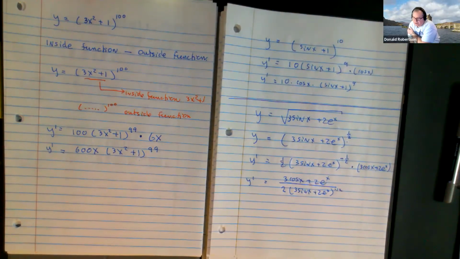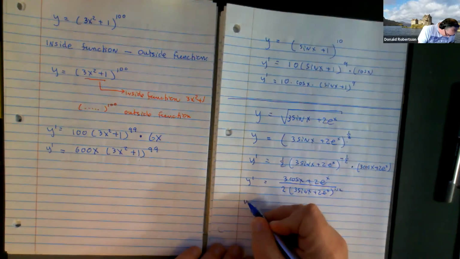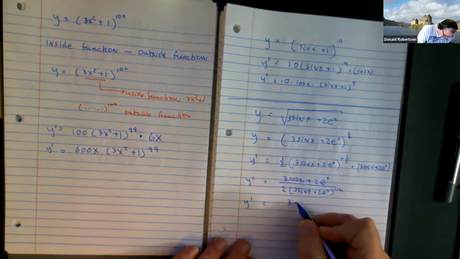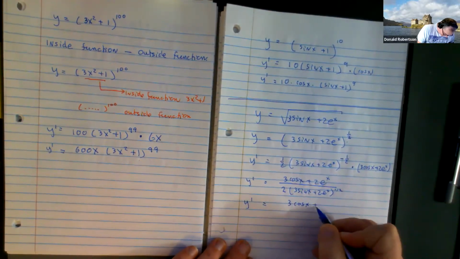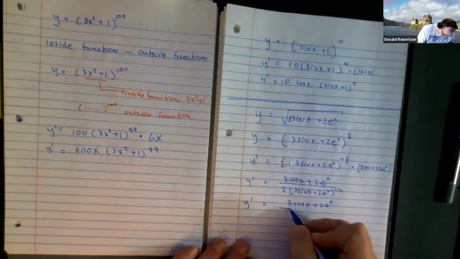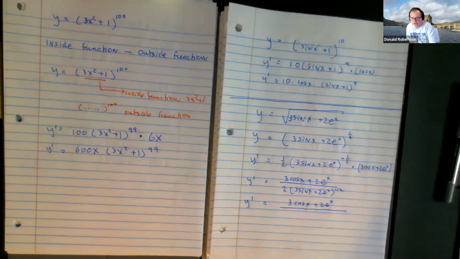Are we good with that piece of algebra? Negative powers become fractions with positive powers. There's one more thing to make this pretty, and that is make it look like the original. So how should I rewrite the bottom so that it looks like the original?